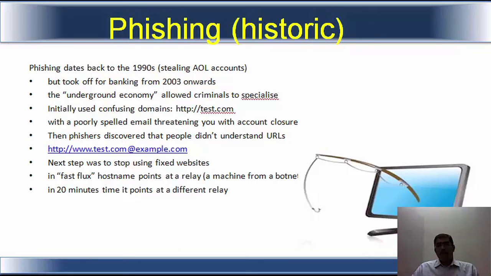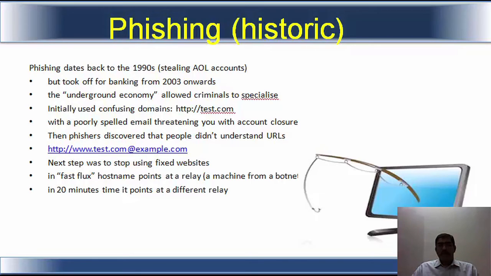Let's take a look at phishing. Let's go back to how phishing started. It dates back to the 90s. It was used for stealing America Online accounts. But it took off for banking from 2003 onwards with the advent of internet technologies coming in, with banks going online for transactions, the customers going online to do transactions on a banking site.